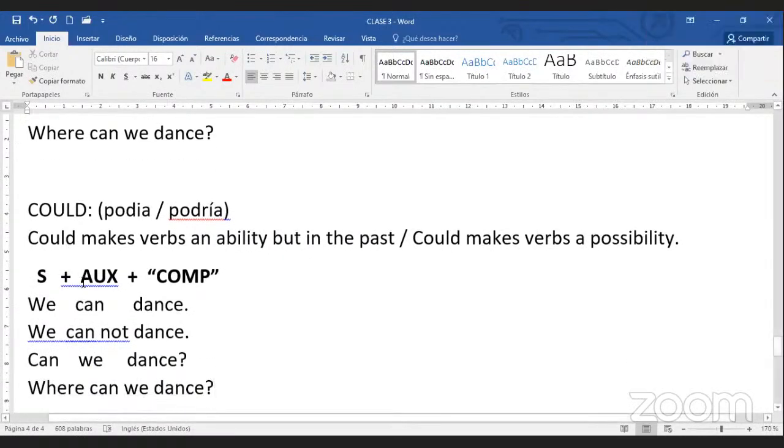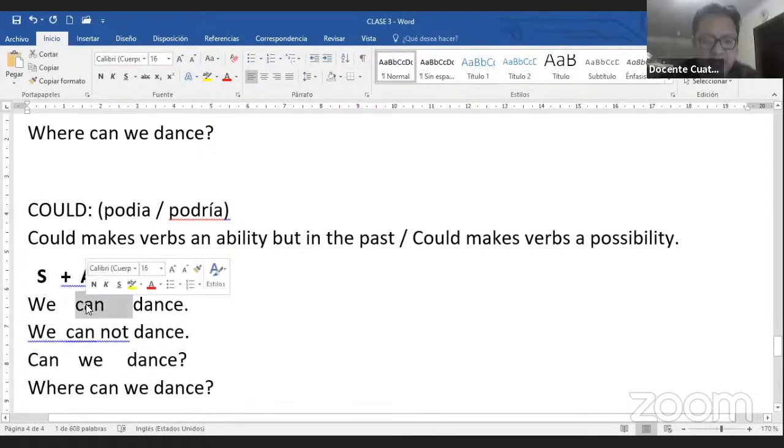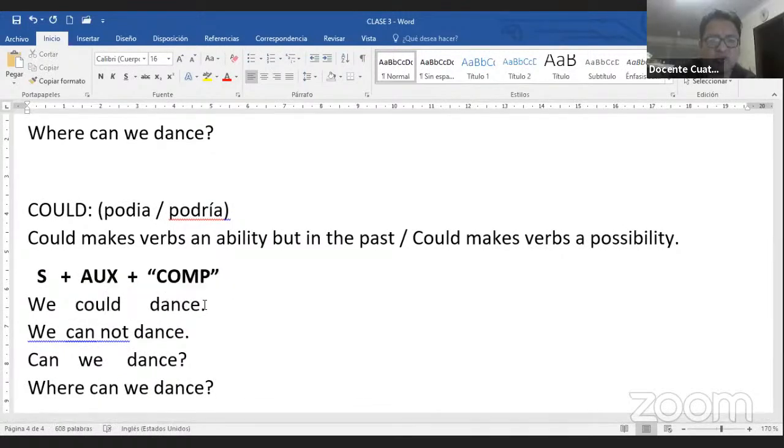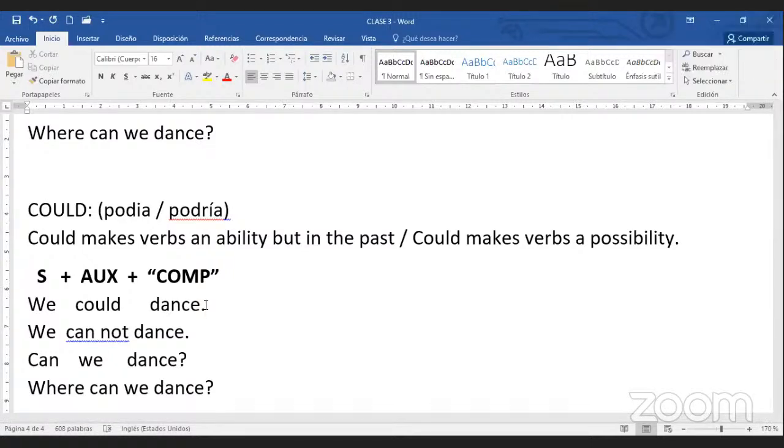Let's use the same example. Liber, we could dance. In Spanish, ¿cómo sería en español? Tienes dos traducciones para darme. ¿Cómo sería? We could dance. Nosotros hubiéramos bailado.